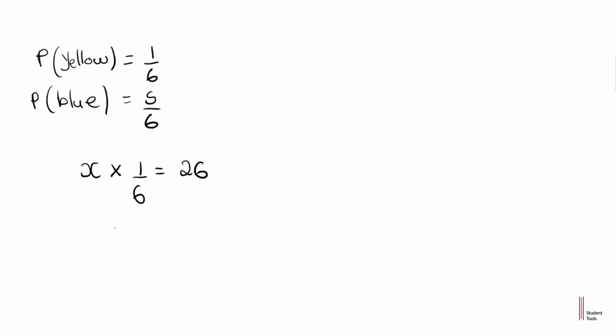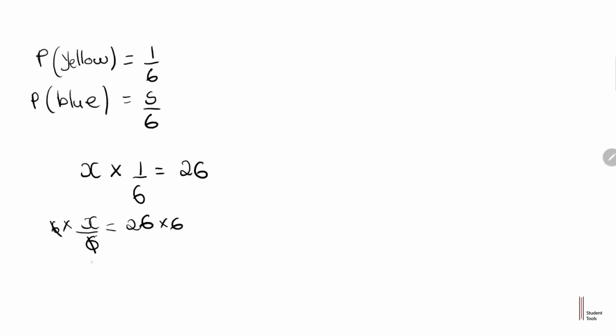All right, so now let us do this. So x multiplied by 1 over 6 is equal to 26. So that is x over 6 equal to 26. So now we will multiply everything with a 6 to get rid of the fraction. So we multiply with a 6 here and multiply with a 6 here.